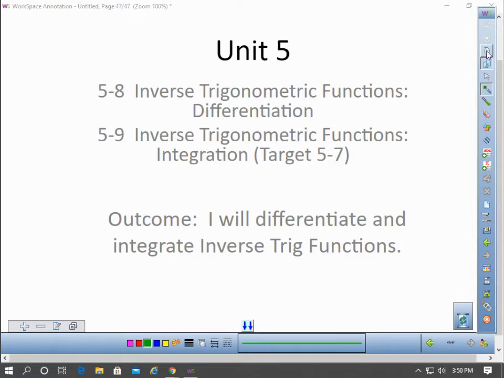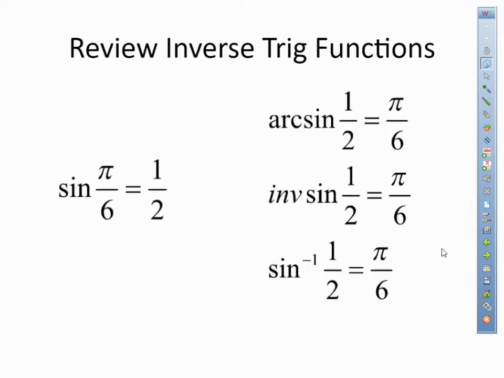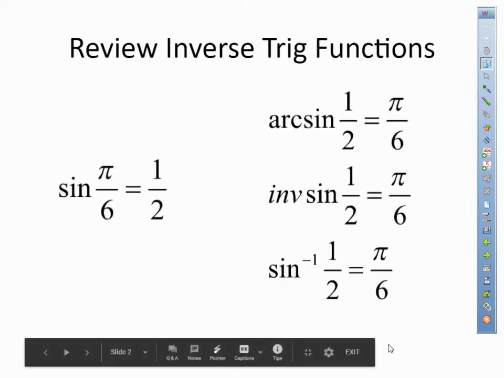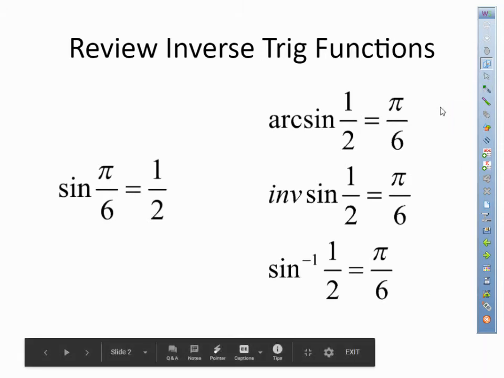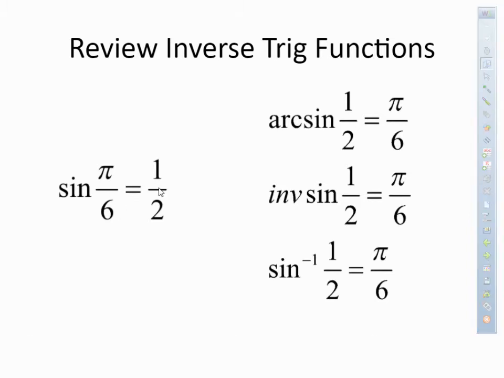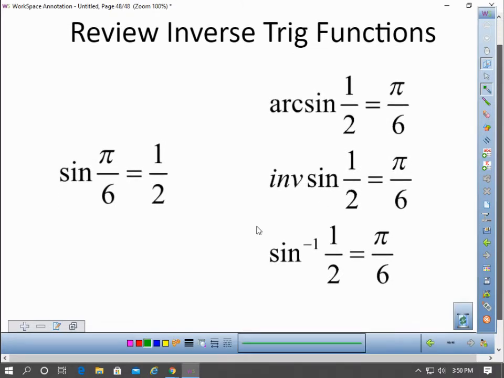All right, so inverse trig functions, let's start with what are they? So we know these problems over here. So we know that the sine of pi over 6 is 1/2, okay? So the inverse would be who on the unit circle has a sine value of 1/2, and the answer would be pi over 6.